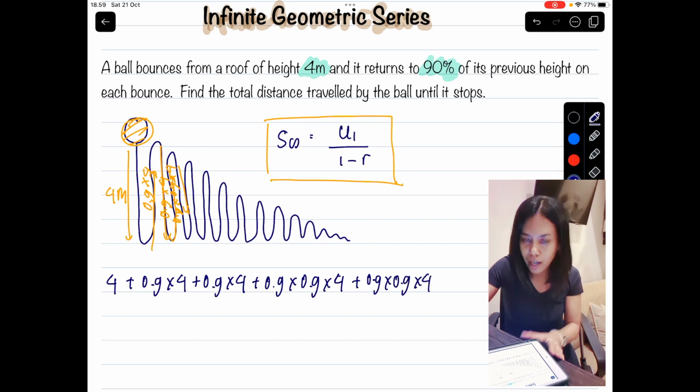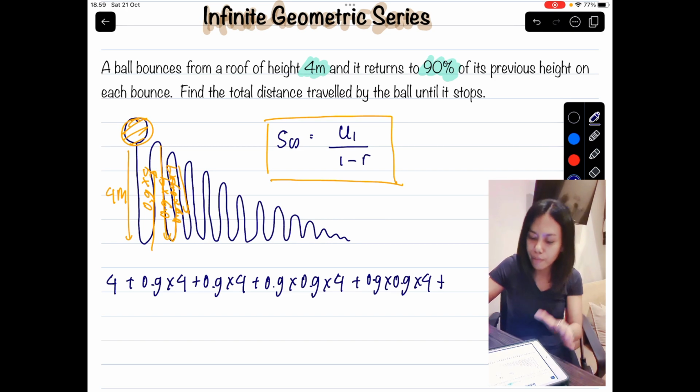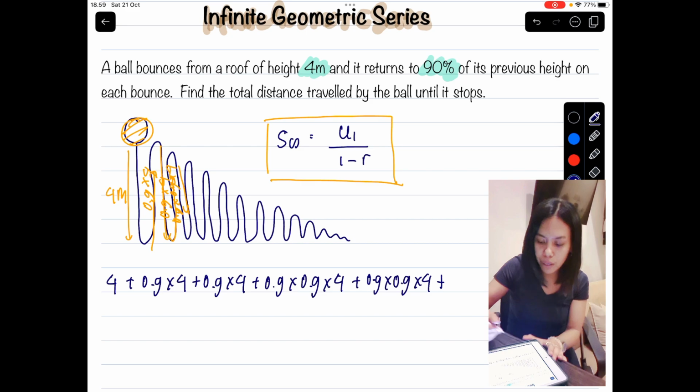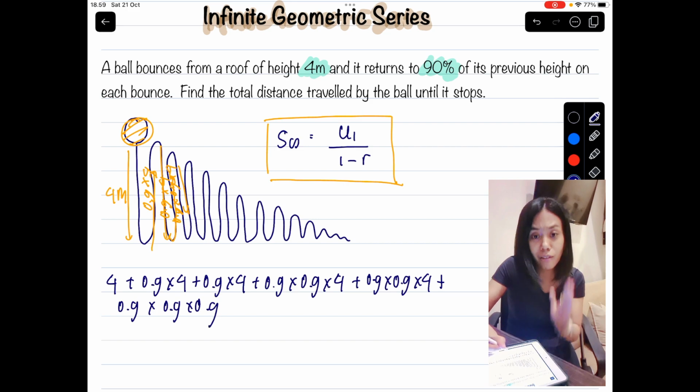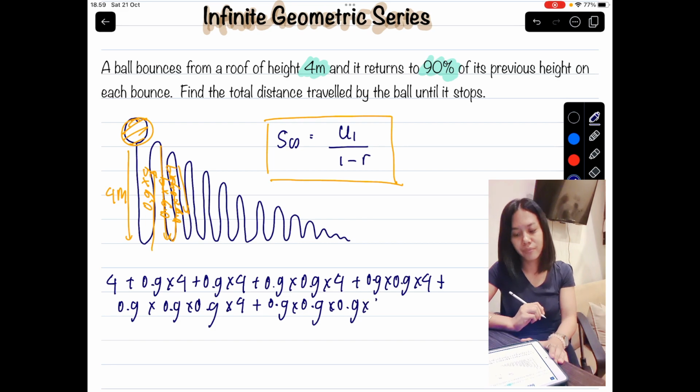After it bounces for the second time, it's going to go up again for the third time, which is a distance of 0.9 times 0.9 times 0.9 times 4. That's going up. Then it goes down again with the same distance as it goes up, which is 0.9 times 0.9 times 0.9 times 4, and so on.